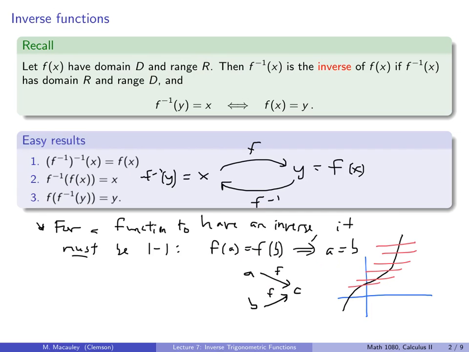A non-example is something like this, because here when you draw a horizontal line, it intersects the graph in multiple places. So there are multiple points a and b that give the same output.